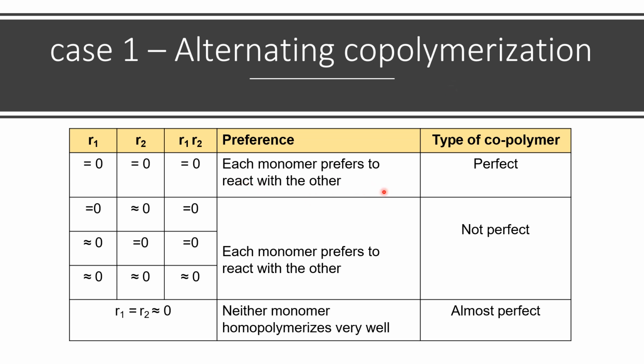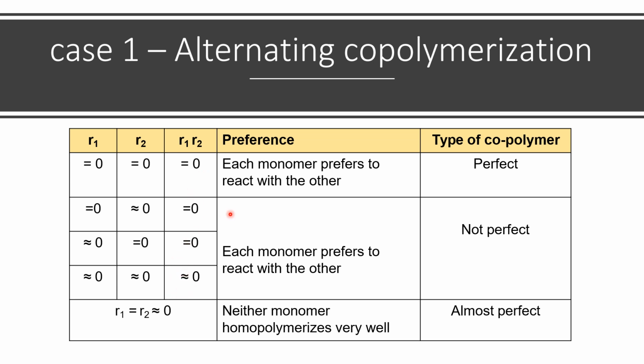But in the case where R1 is equal to 0 but R2 is almost 0, or both are close to 0, the product will also be almost 0.